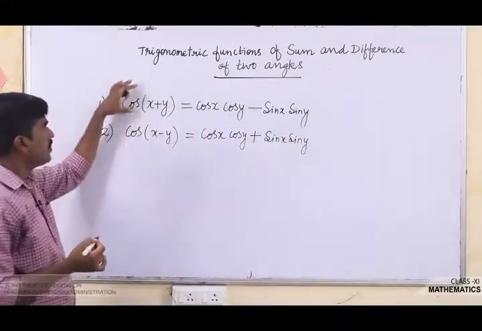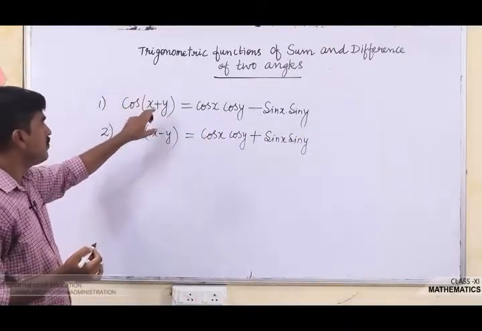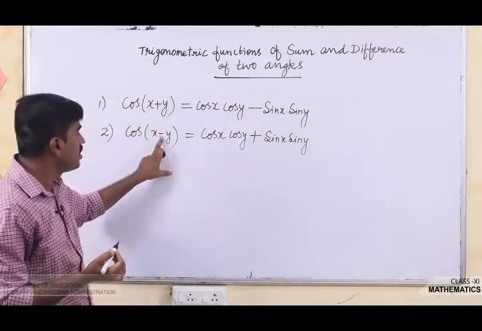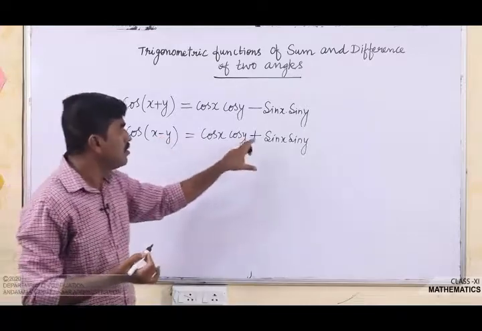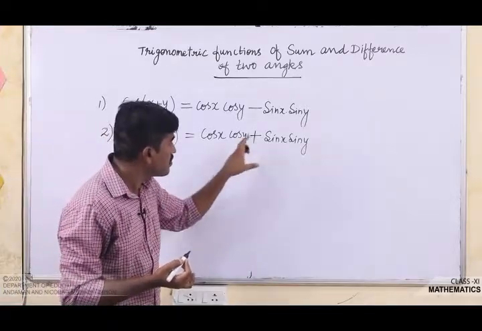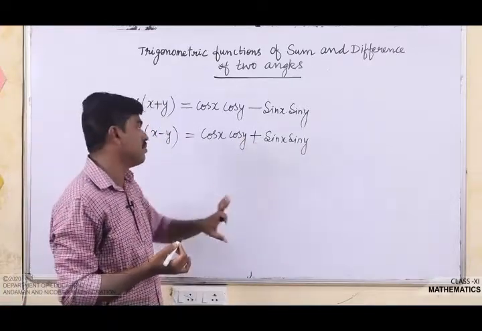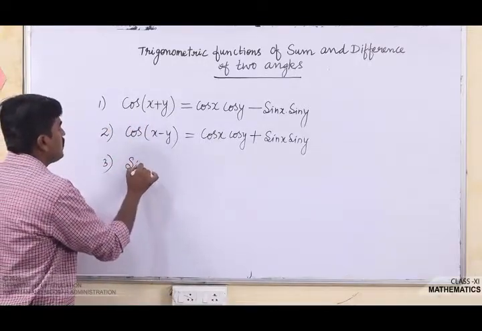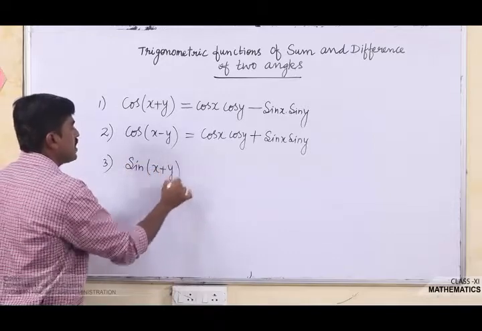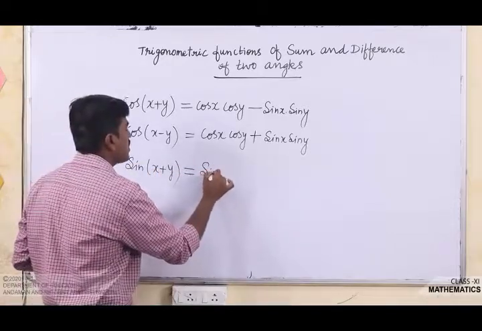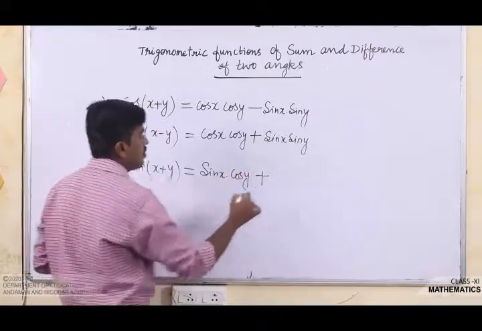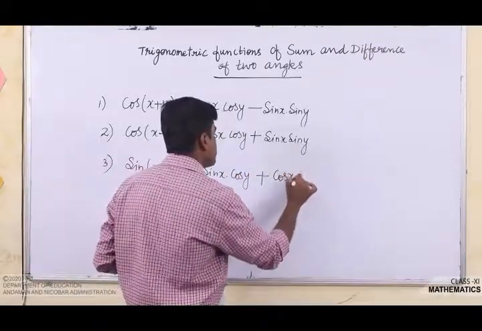You see, if it is cos of x plus y, here it is minus, if it is minus in the x minus y term, then here it is plus in between the two terms. Okay. Now, sine of x plus y. Sine of x plus y is sine x into cos y plus cos x sin y.